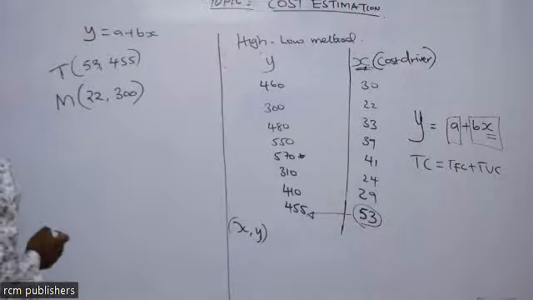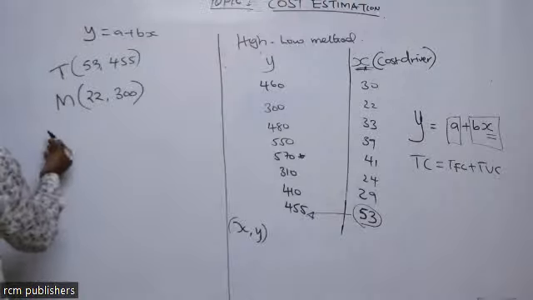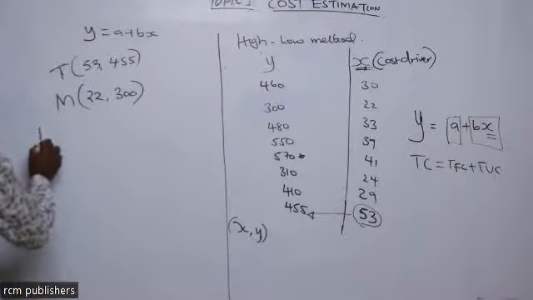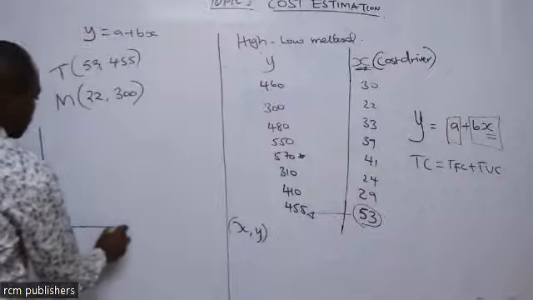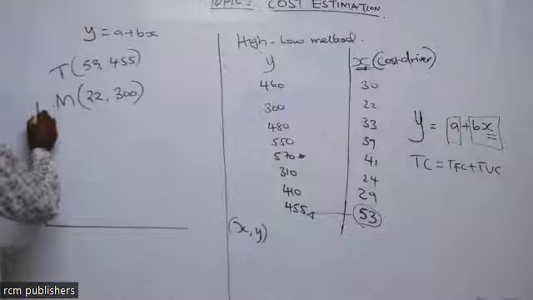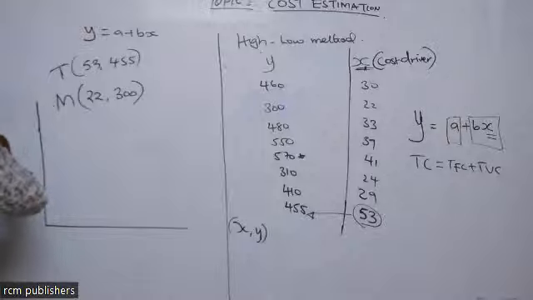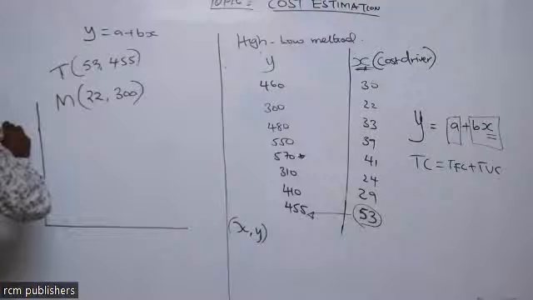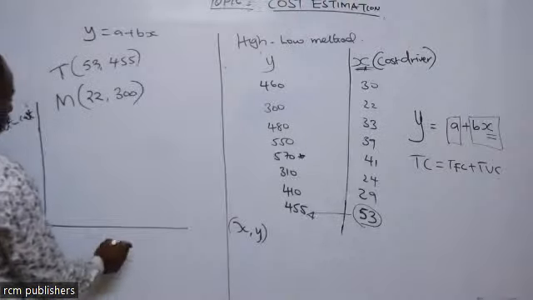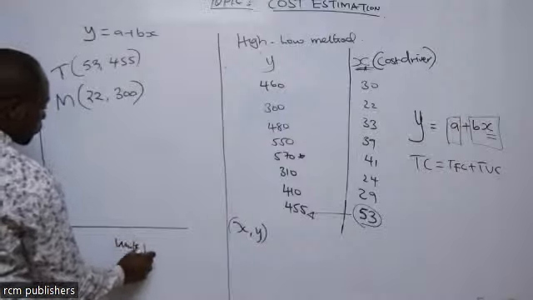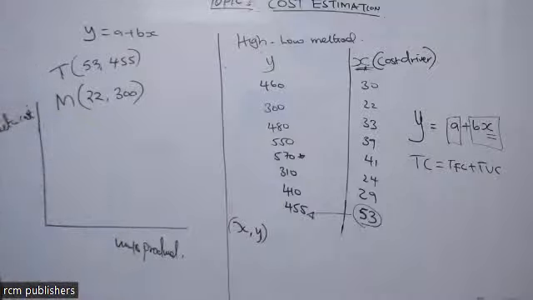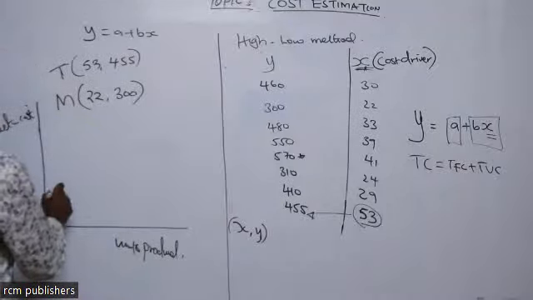So this is what normally happens. You can be having a graph or a chart here. So here we have the production cost. Then here we have units produced. Then you do your plotting. So you've done the plotting.